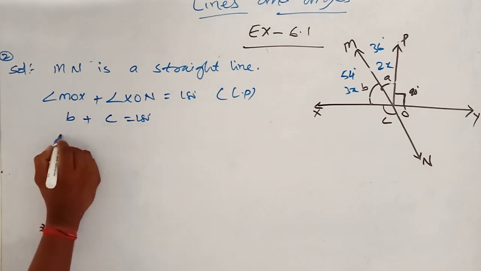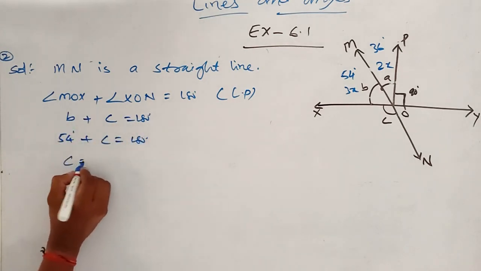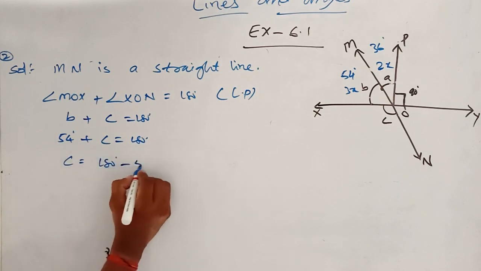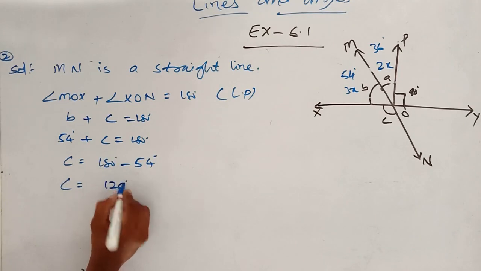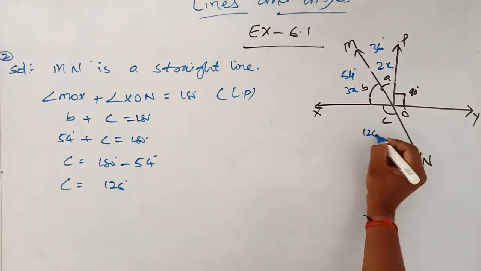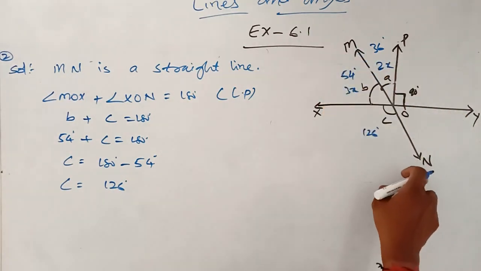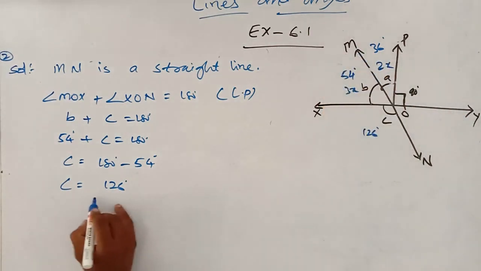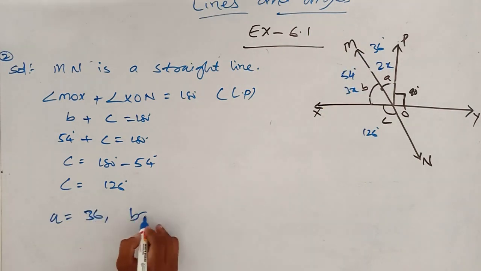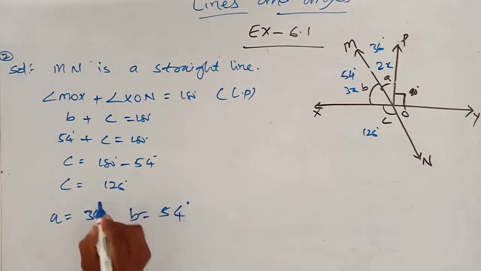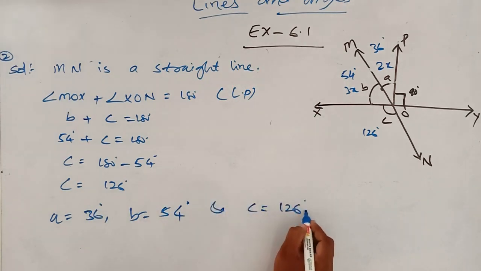B value is 54 degrees plus C is equal to 180. Now C is equal to 180 minus 54 degrees. C is equal to 126 degrees. Now I got the C value. When I add here, I get 180 because it is a linear pair. So children, A is equal to 36 degrees, B is equal to 54 degrees, and C is equal to 126 degrees.